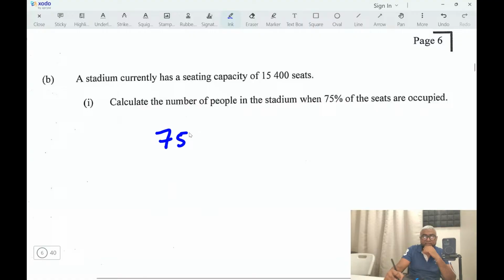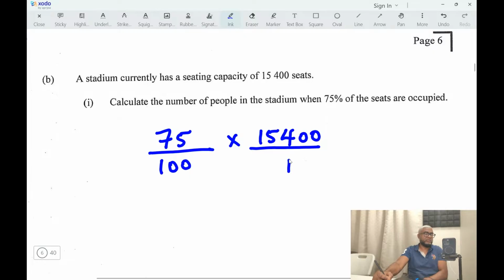So 75% of the seats would be 75 over 100 multiplied by 15,400 all over 1. I'm going to do 75 over 100 multiplied by 15,400 to give me 11,550.